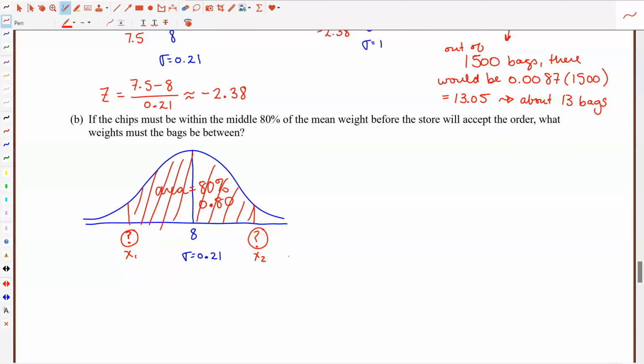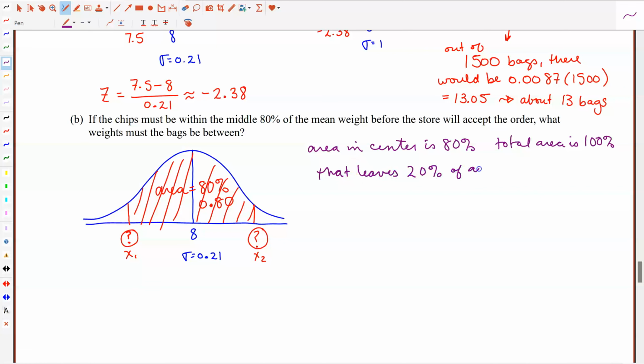All right, so if I know that the area in the center region is 80%, and remember that the total area under the entire curve is 100%, that leaves 20% of the area in those tail regions.